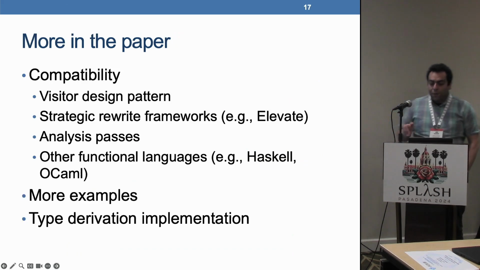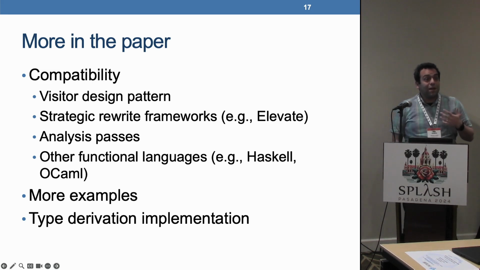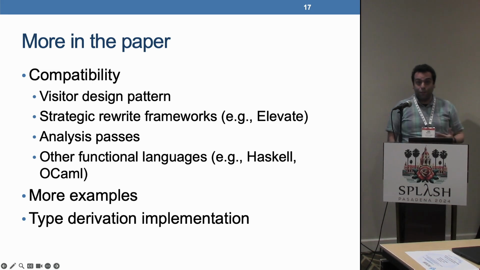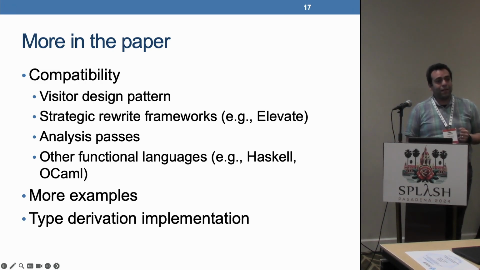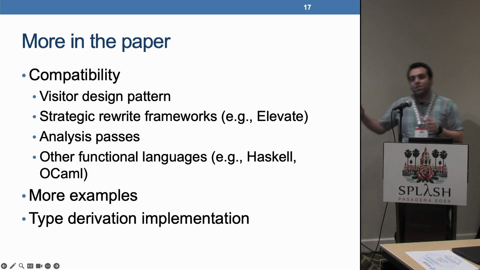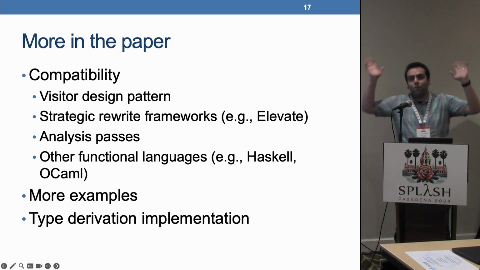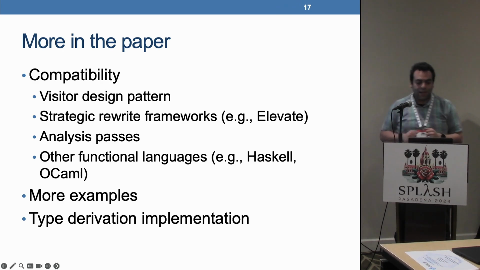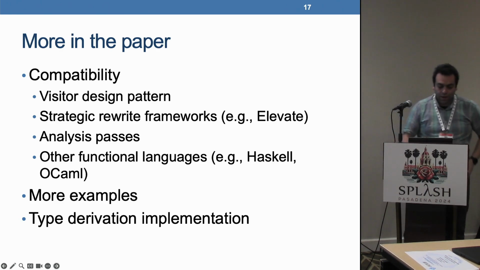So in the paper, we basically show that the design pattern that we propose is compatible with one of the design patterns used heavily for imperative compilers, which is the visitor design pattern. And also, it nicely aligns with strategic rewrite frameworks, like the Stratego framework or its implementation inside Scala, one of which is the Elevate framework.